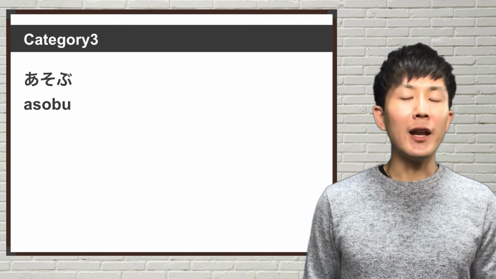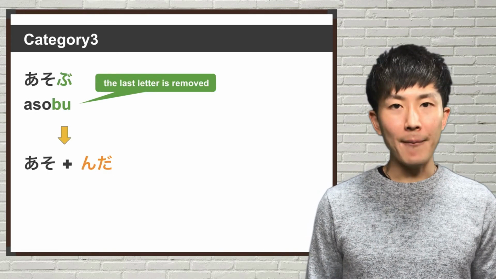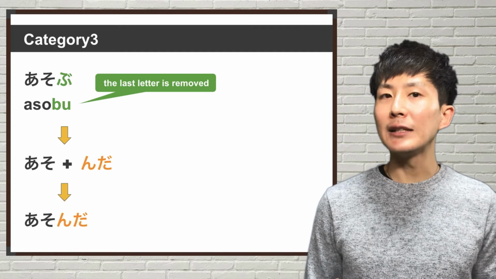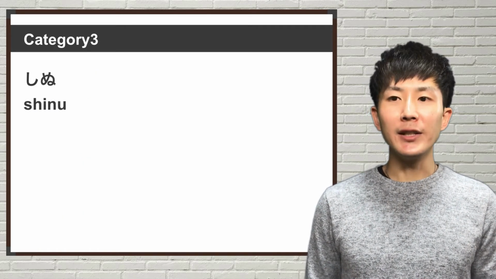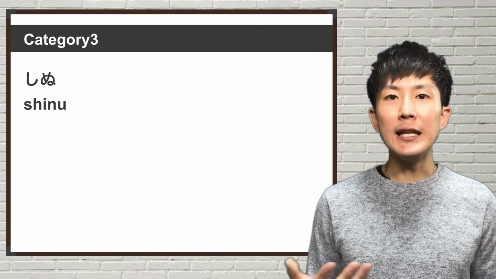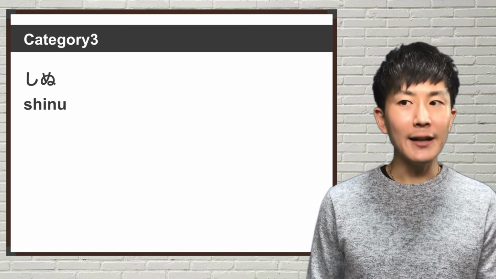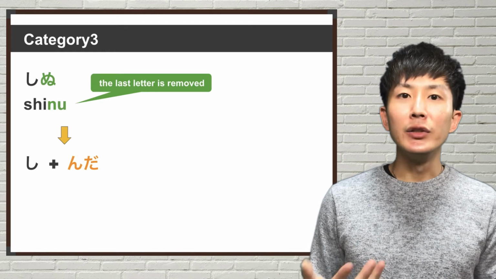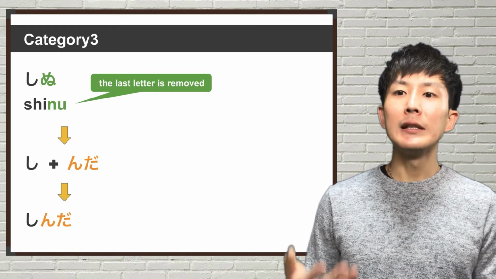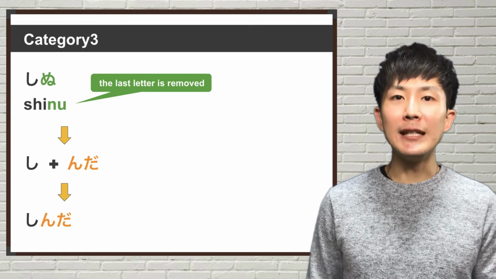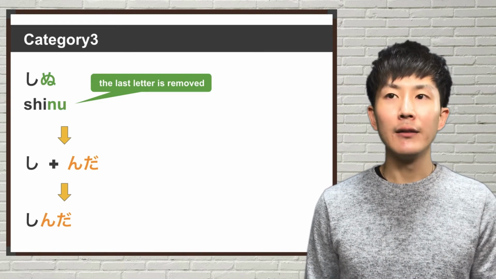You need to remove the last letter and attach んだ. So it becomes 遊んだ. Besides, 死ぬ, which means die. The last letter is ぬ, so you need to remove it and attach んだ. So 死んだ. I died.